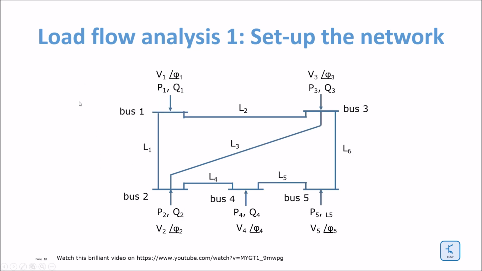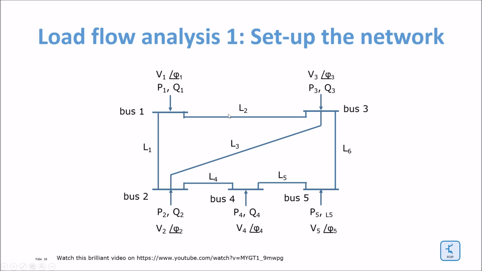So coming back to our main circuit, we see now that we have all the buses, and at each one of the buses you have injected power, a real power and a reactive power, and now we also have the voltage vector which we are looking for.